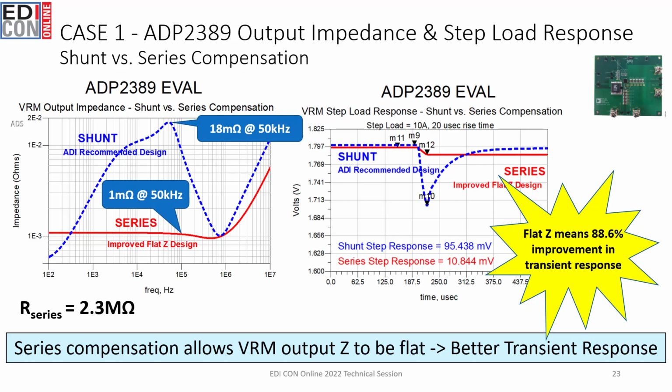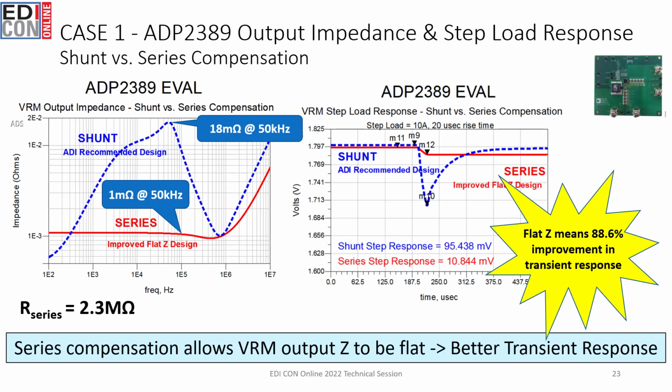VRM manufacturers use transient response as a figure of merit. So in this case, let's look at the ADP2389, which is rated to deliver 12 amps continuously. Looking at the impedance plot, we see with the shunt compensation output impedance, we have a peak of around 18 milliohms at 50 kilohertz.